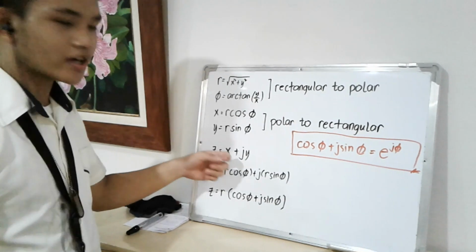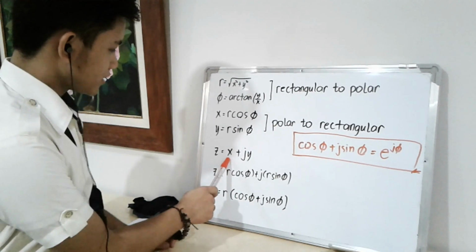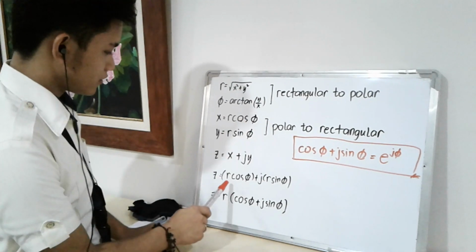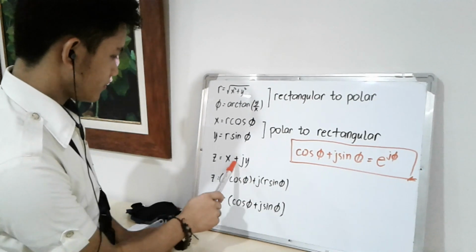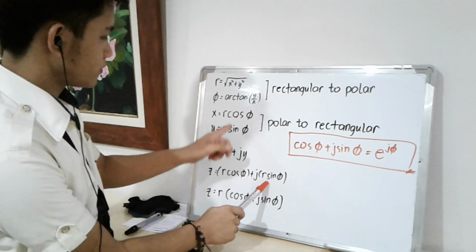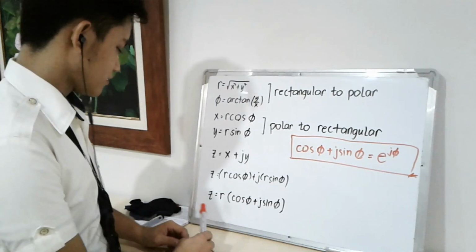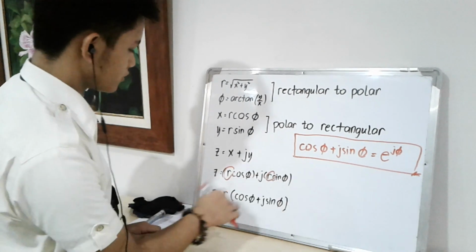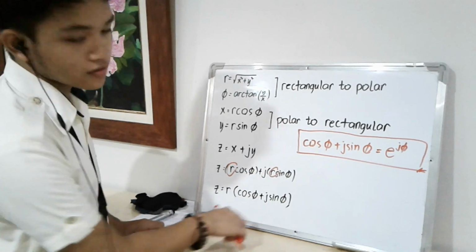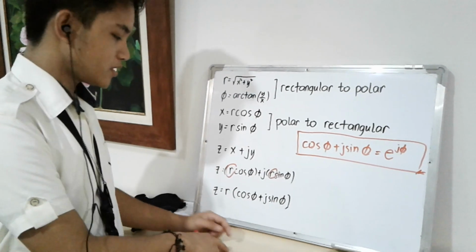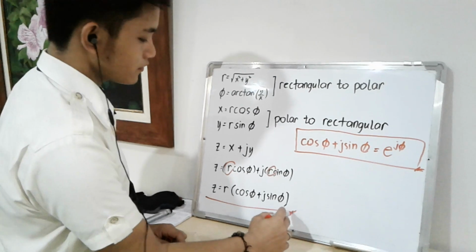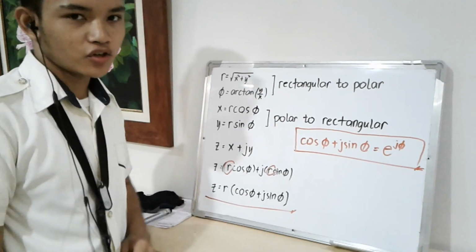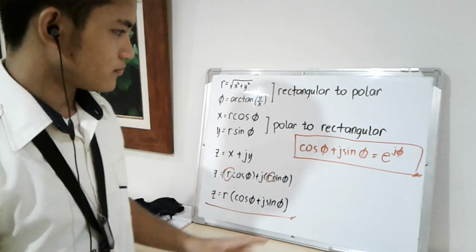Then from polar to rectangular, x is equal to r cosine phi and y is equal to r sine phi. So z is equal to x plus jy. Substituting, x is r cosine phi, plus j, and y is r sine phi. Factor r: z is equal to r times cosine phi plus j sine phi, and this is the trigonometric form.